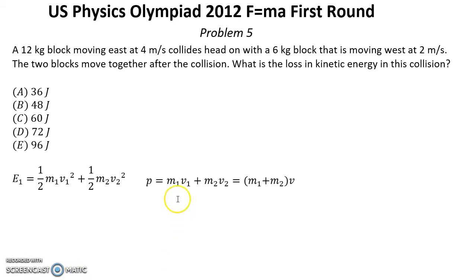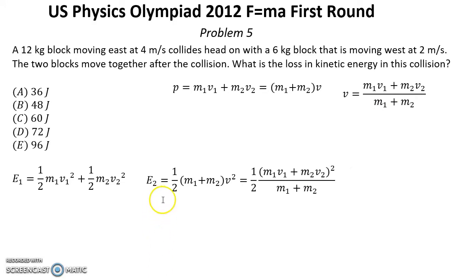Initial momentum equals m1 v1 plus m2 v2, which is equal to the final momentum, m1 plus m2 multiplied by the common speed v. From here we can find this final speed v. Final speed equals this expression, and now we can find the final energy.